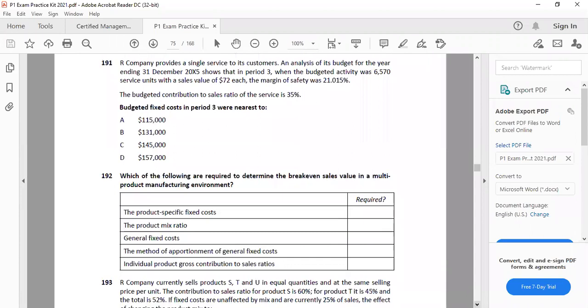Our company provides a single service to its customers. An analysis of its budget for the year ending 31st December 20X5 shows that in period 3, when the budgeted activity was 6,570 service units with a sales value of $72 each, the margin of safety was 21.015%. Budgeted contribution to sales ratio of the service is 35%. Budgeted fixed cost in period 3 were nearest to.